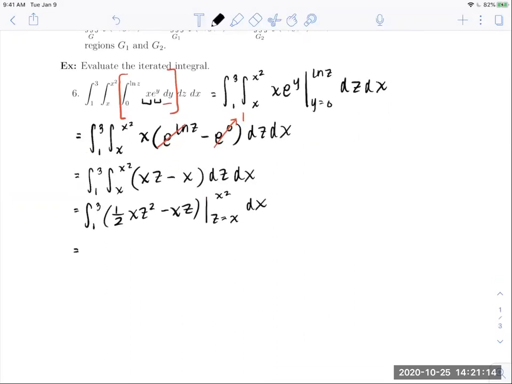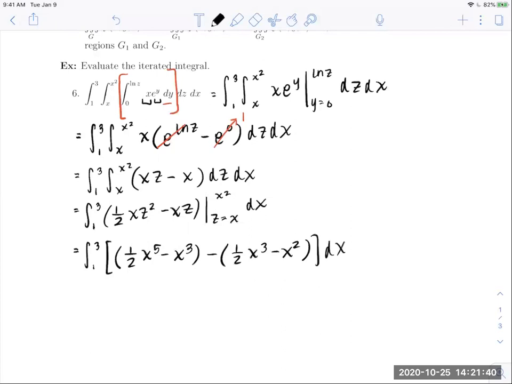So now let's go ahead and plug those values in for z. So that's going to give me a 1/2, let's see, x squared squared is x to the 4th times another x is x to the 5th, minus x cubed. Take away 1/2 x cubed minus x squared.